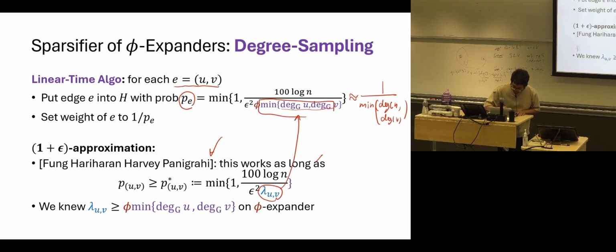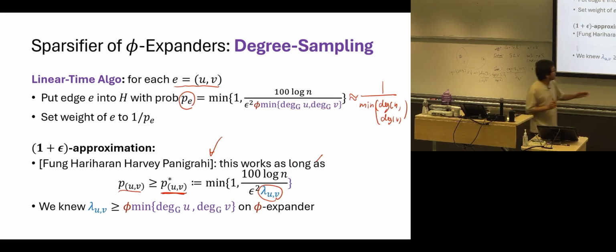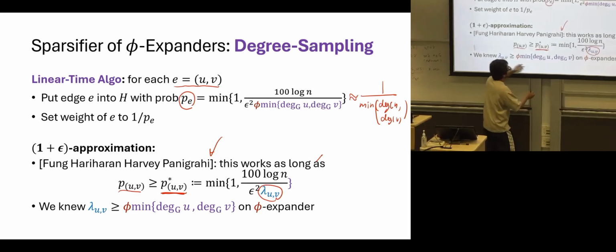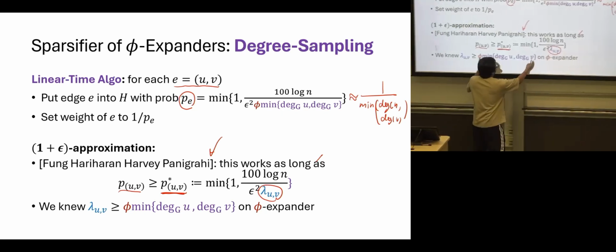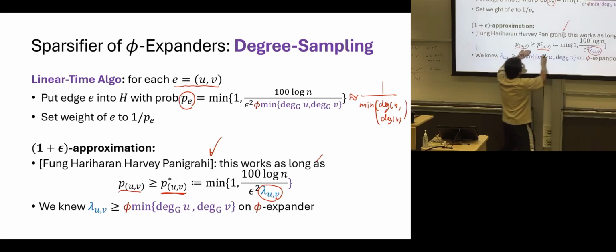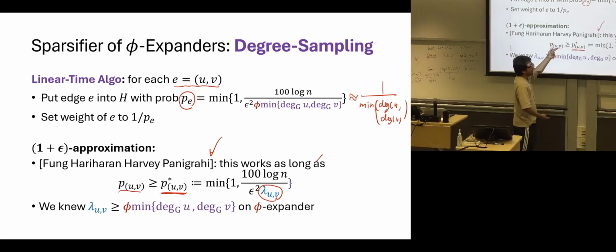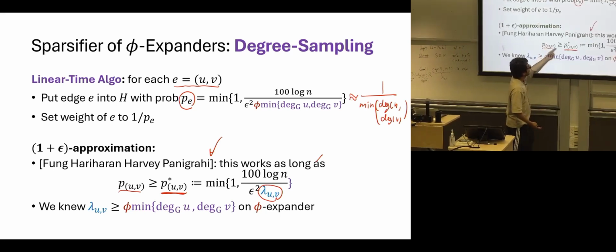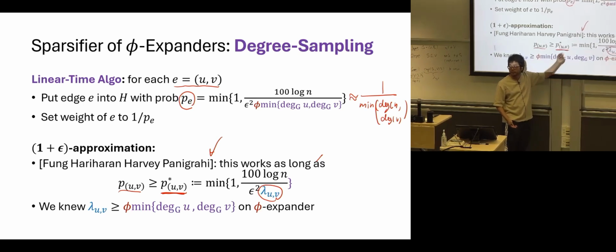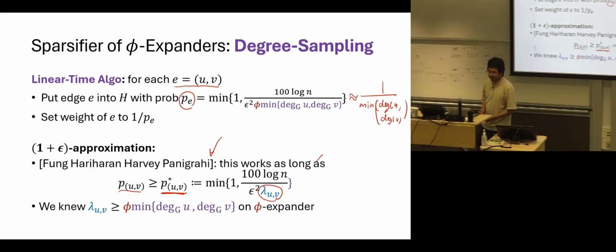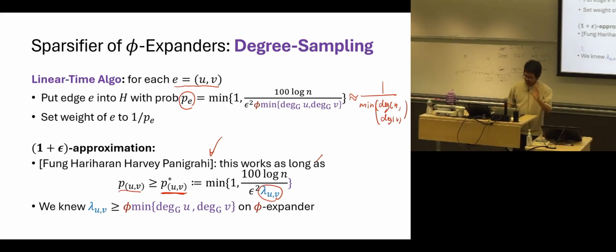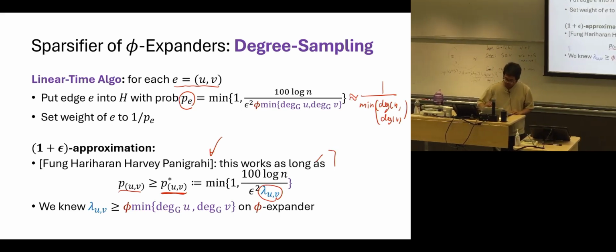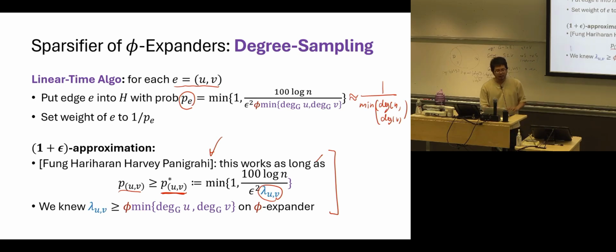If that's the case, then P of UV is at least this threshold, because I replace this with something smaller, so that only gets higher. So the probability that I sample is more than the required threshold. Okay, so I will not prove this, but it works.